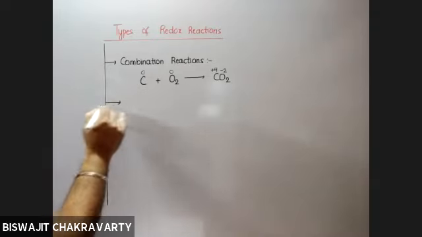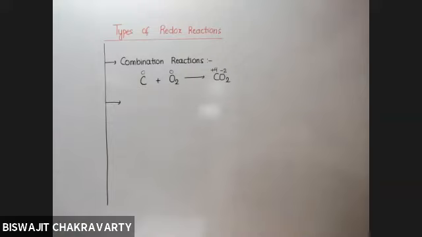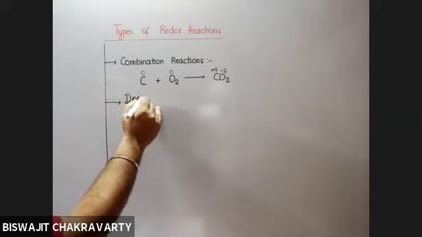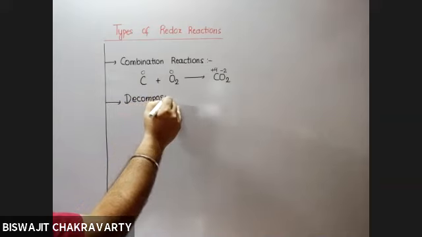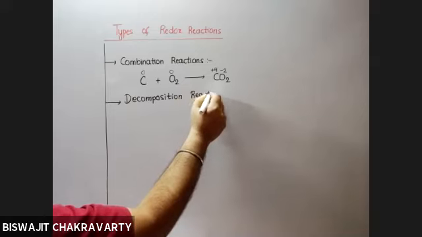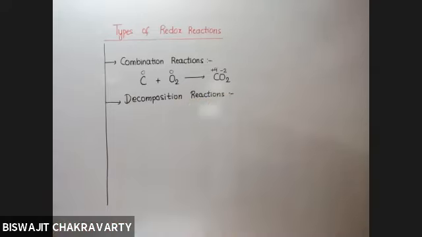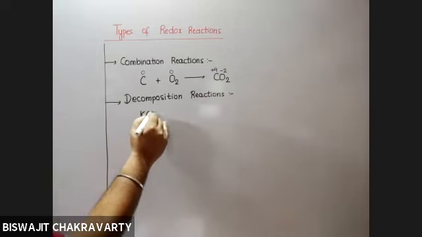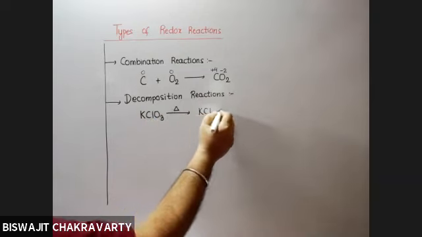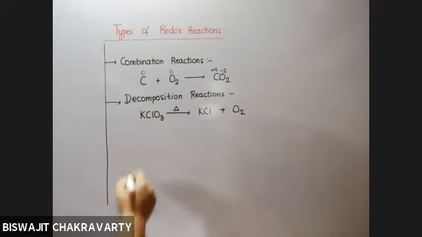Just opposite to combination reactions, where large molecules undergo dissociation, are referred to as decomposition reactions. Decomposition reactions. The second type of redox reaction, say potassium chlorate, upon heating gives potassium chloride plus oxygen.